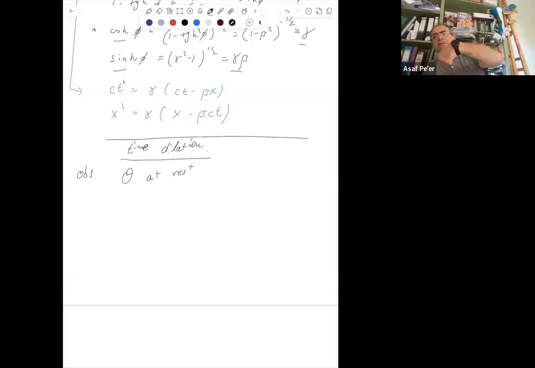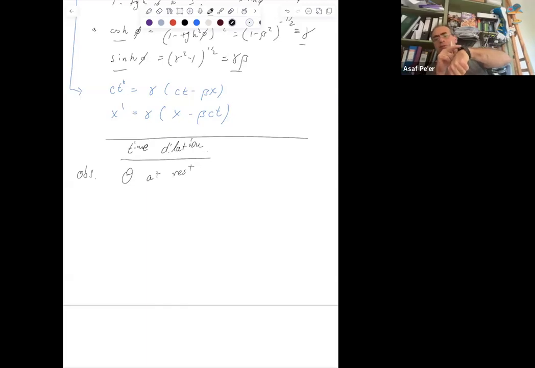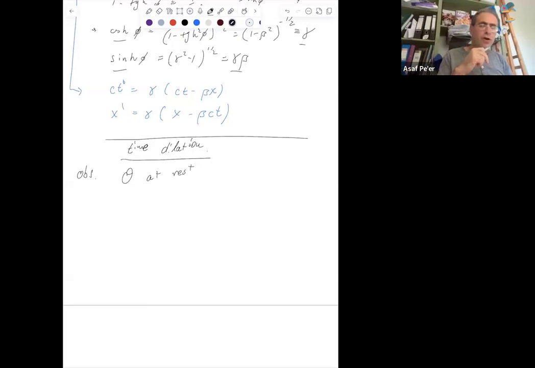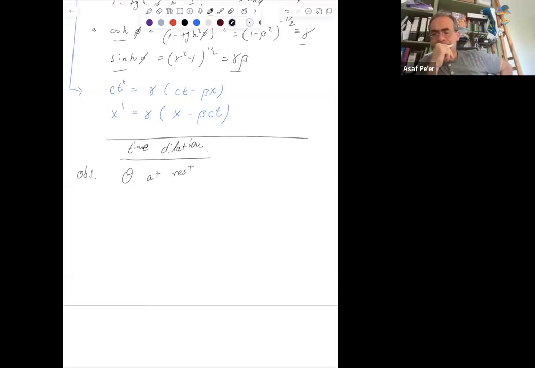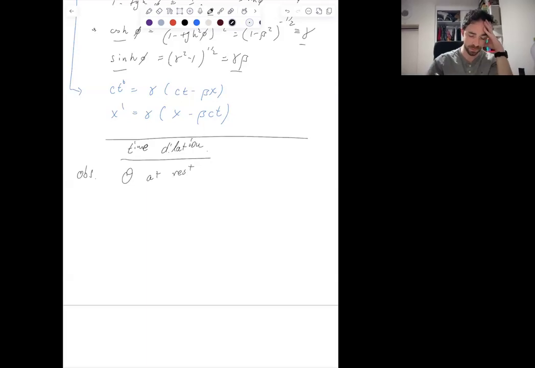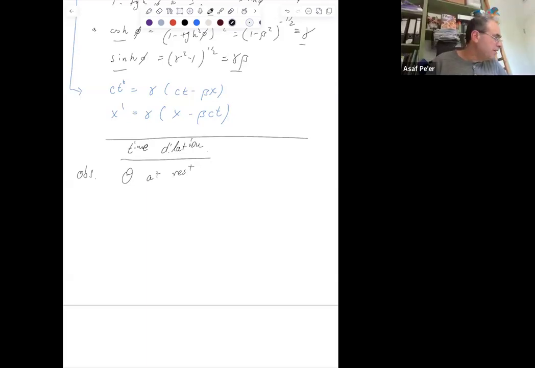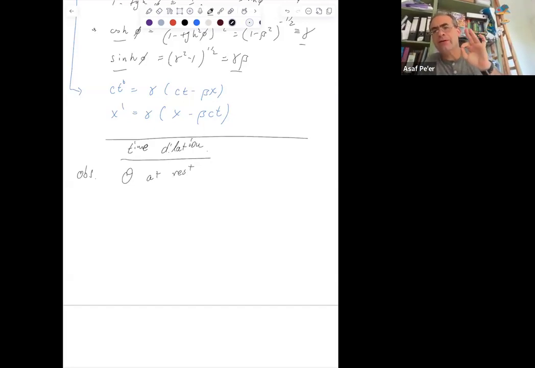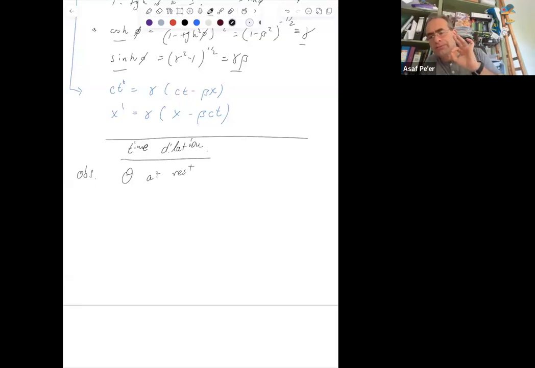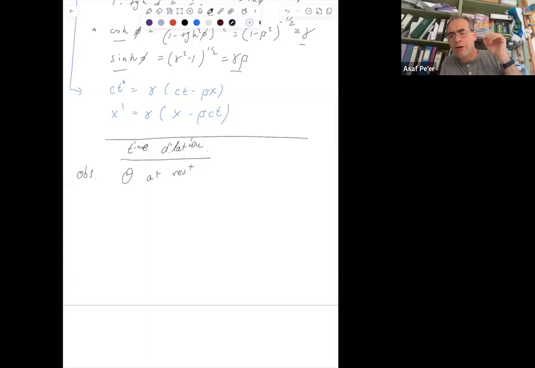I have a clock, attached to me. What is the velocity of the clock relative to me? 0, right? So in my frame, I see two ticks of the clock. And the nice thing is that it doesn't matter which type of clock. It could be an electronic clock, a mechanical clock, a cuckoo clock, or the biological clock of my cells.